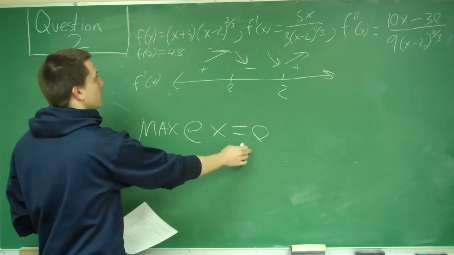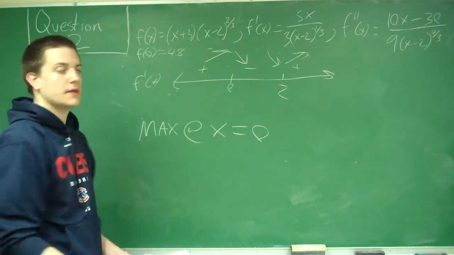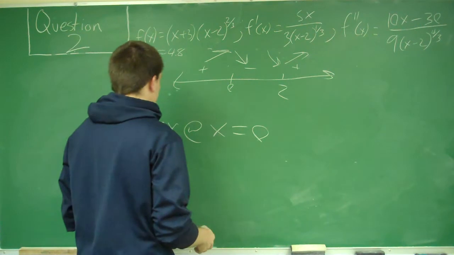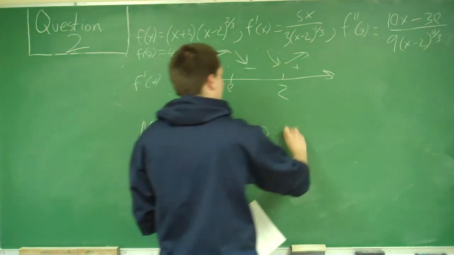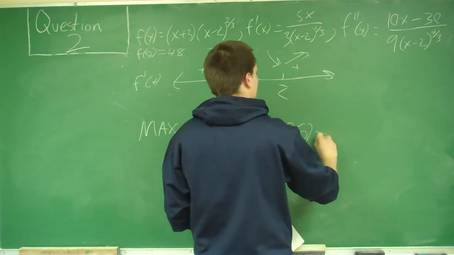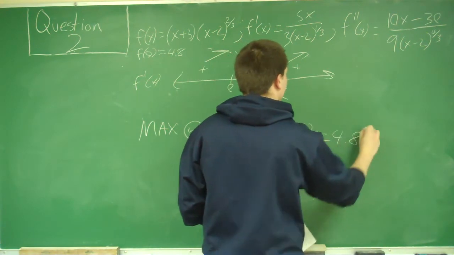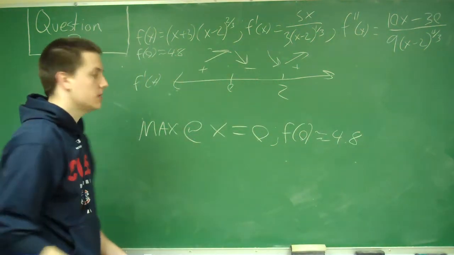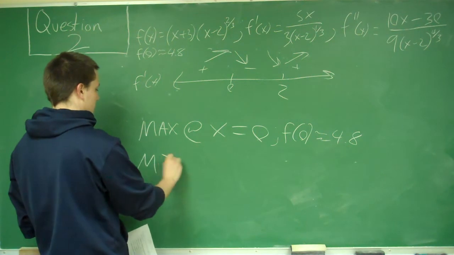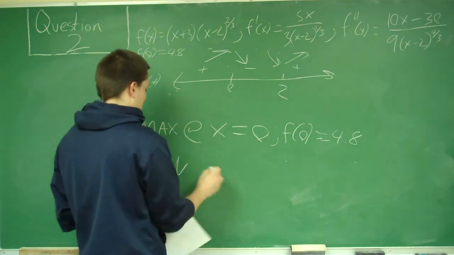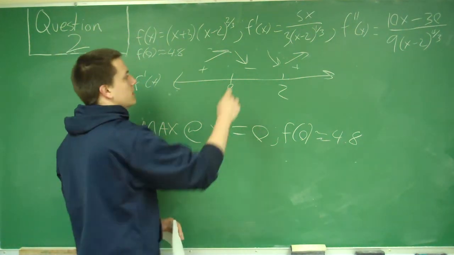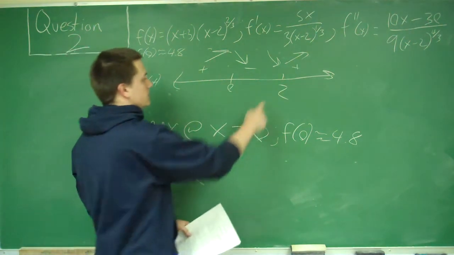So we would just plug 0 back into the original function. But remember, they gave us f of 0. So you can say f of 0 is approximately 4.8. Now they want to know about the relative min. Alright, so that is when you go from decreasing to increasing, which was at 2.